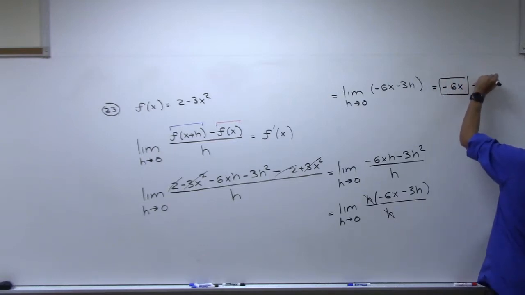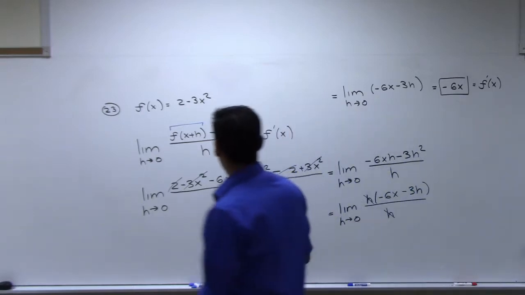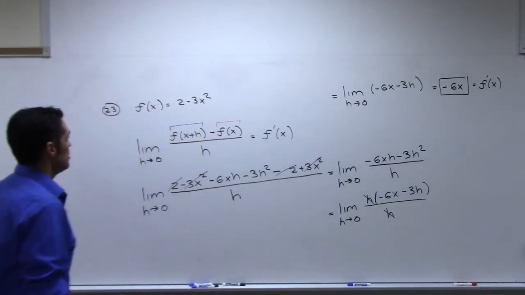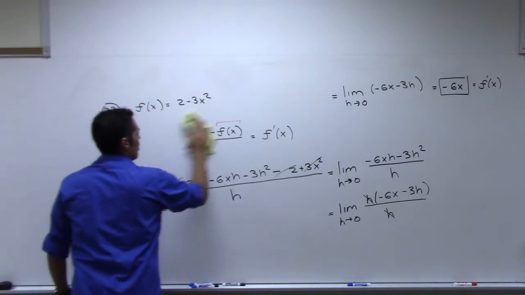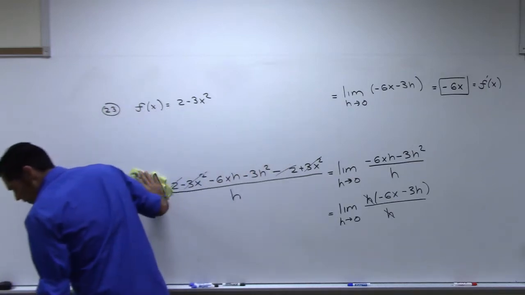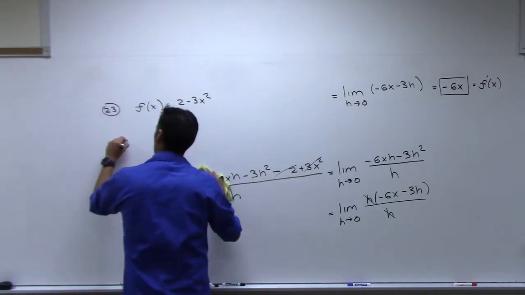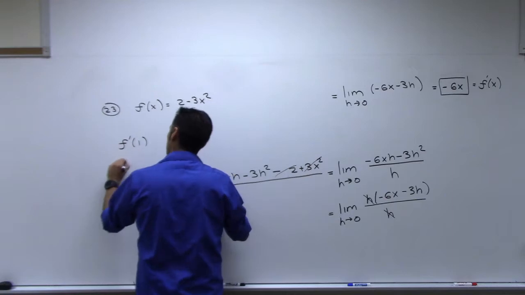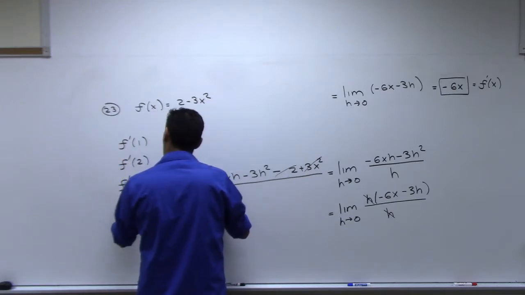That is f prime of x, which represents the slope of the tangent line to this function at x. So that answers the first part of the problem. I wanted f prime of x. Now I need f prime of 1, 2, and 3. So f prime of 1, f prime of 2, and f prime of 3.